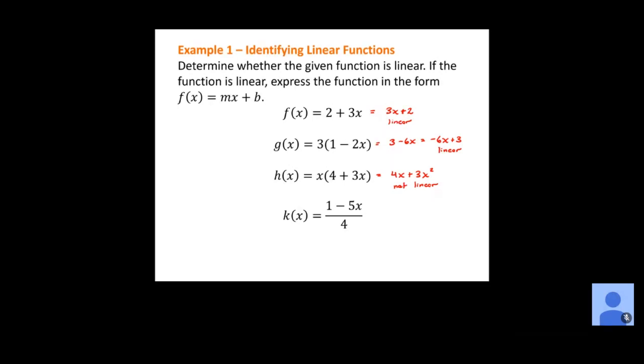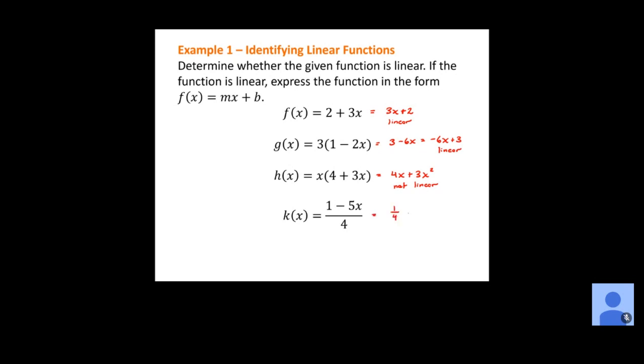Okay, so look at the last one now. So 1 minus 5x over 4. Is there anything we could do to that to get it into that mx plus b form? What could we do? We can't just multiply by 4, because that would actually change the value of the function. But we can take each one of those and put them over 4. Since I only have a single term in the denominator, I can put each of my terms from the numerator over 4.